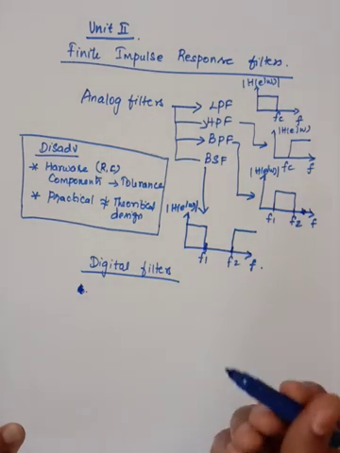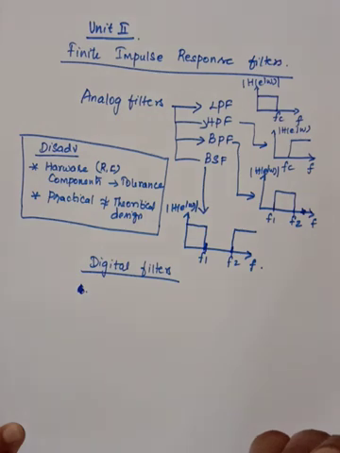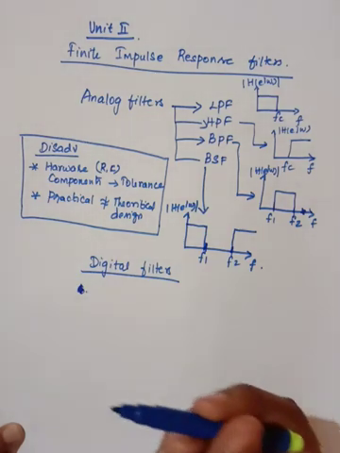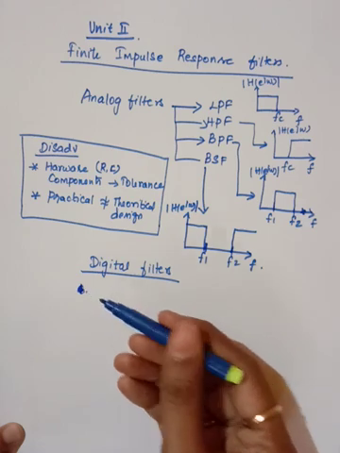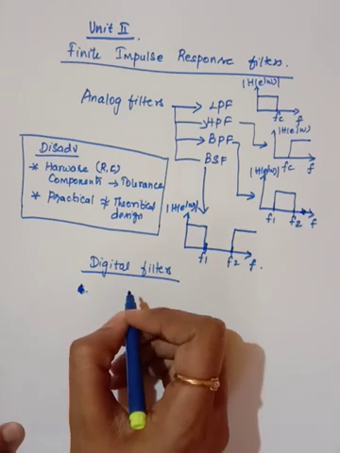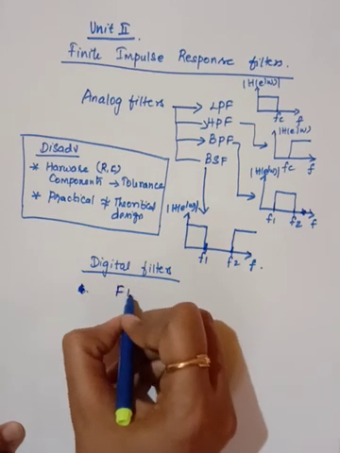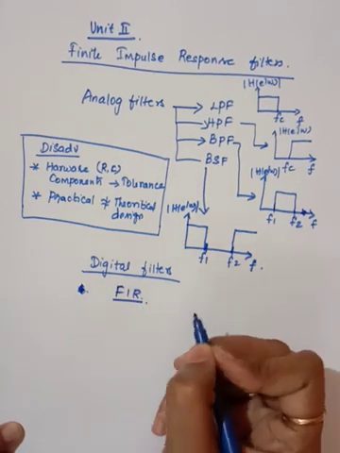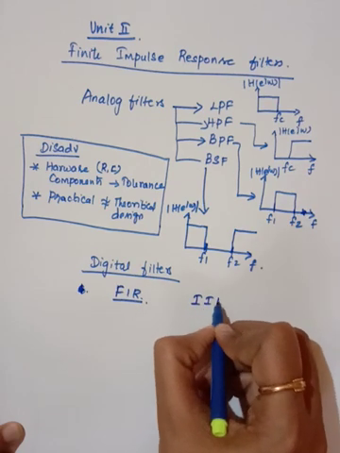In digital signal processing we are dealing with discrete time signals, so we are going to see the digital filters. In digital filters we will discuss the finite impulse response filter, and also the infinite impulse response filter.